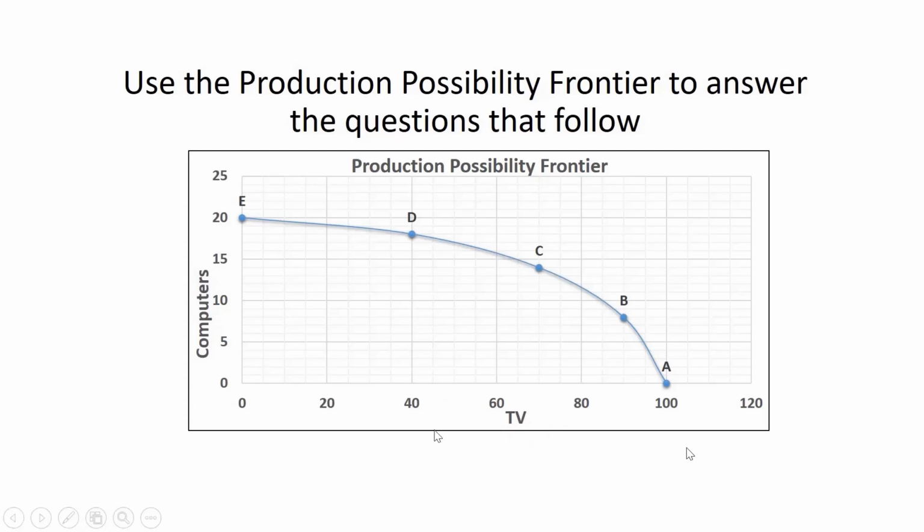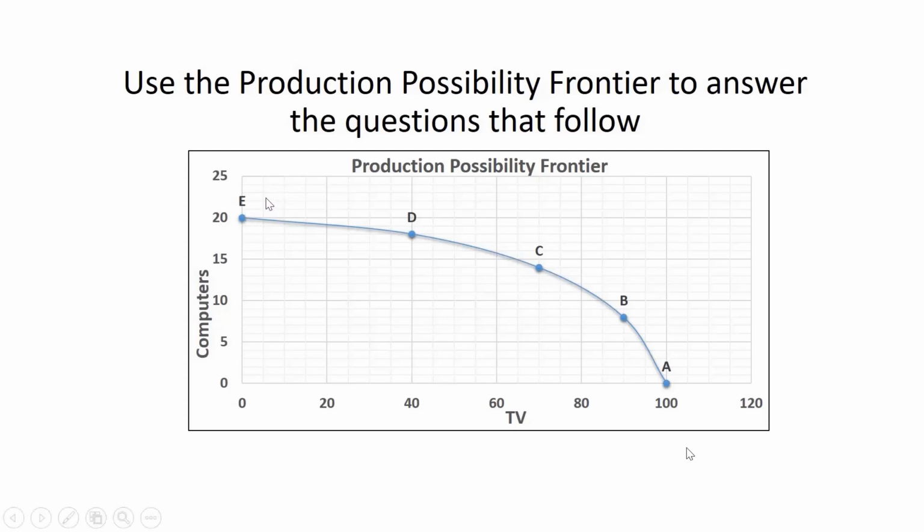And what it means is that we are using all available resources at the given technology to produce different combinations of the two commodities. Now, the curve, which is the production possibility frontier, is the maximum combinations that are possible for us to produce with the given resources and the technology at our disposal.